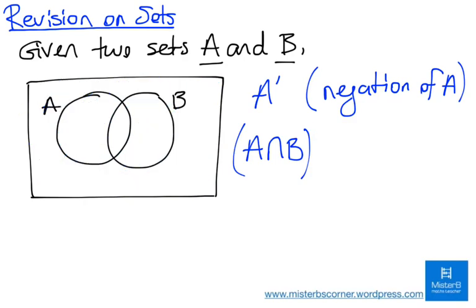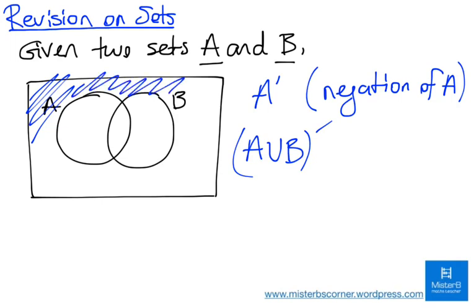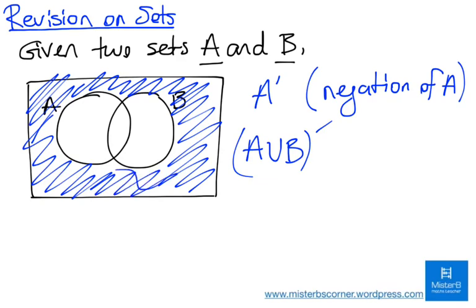And if I was to go with A union B, let me do this properly. If I talk about the negation of A union B, then I'm talking about all the regions but A union B. So this is what I cut out from the shaded region, A union B. So this is going to be the negation. So this means members not in A and not in B, right?